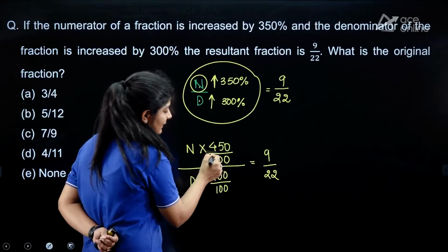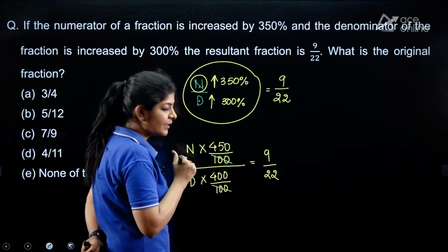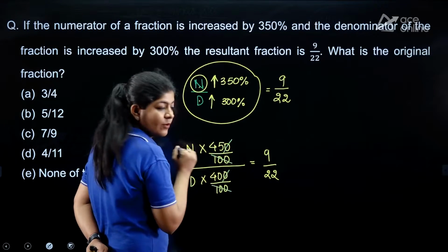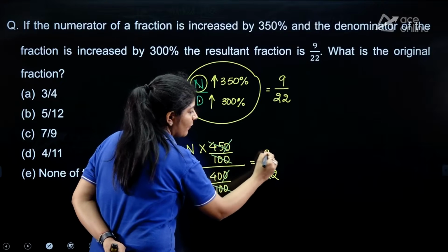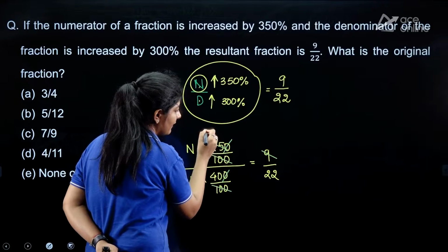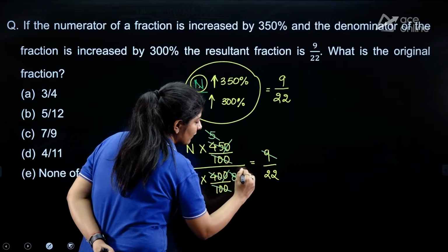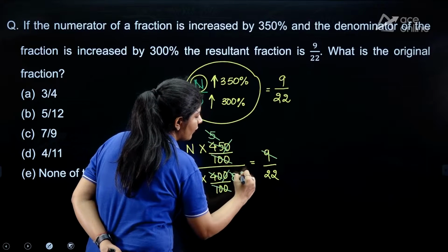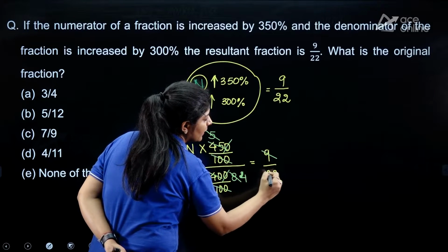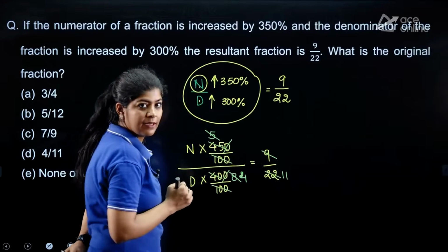Now we can say that this 100 and this 100 are eliminated. This 0 and this 0 are eliminated. Here, what we are getting? We are getting 5. Here, 8. Here, 4. And here, 11. Right?